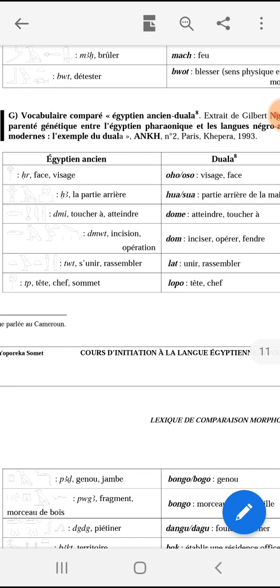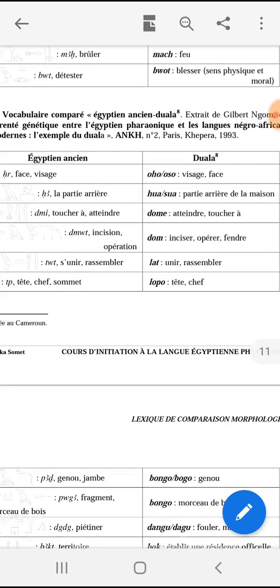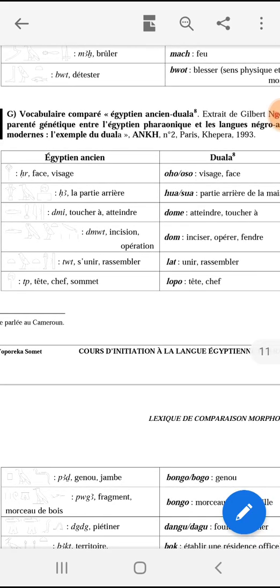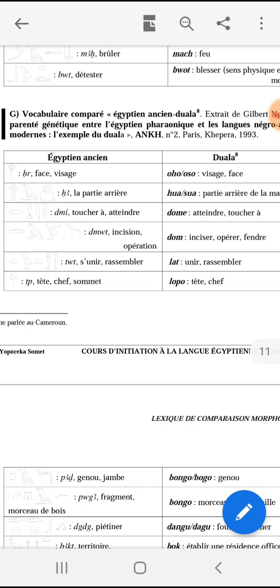In Douala, you have Hua or Sua, meaning the backside of the house. In Medu-Neter, you have Demi, meaning touching or to reach. In Douala, you have Dome, meaning to reach or touching.